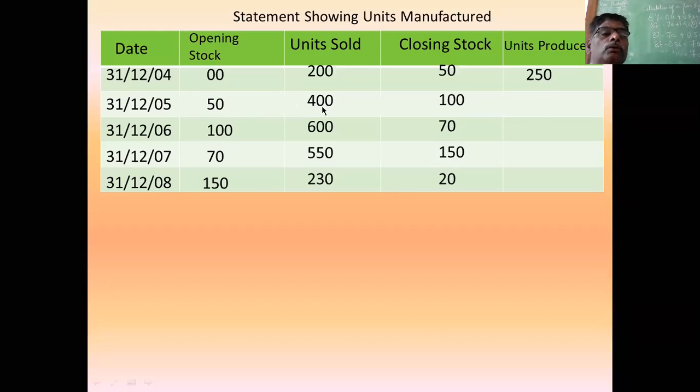Okay. So in the second year, it is 450. How is it 450? 400 plus 50 minus 50. Okay. Next, 570.